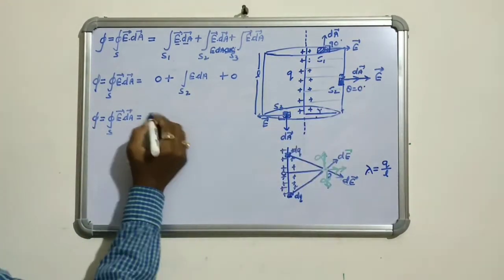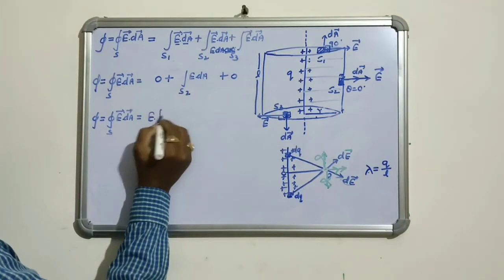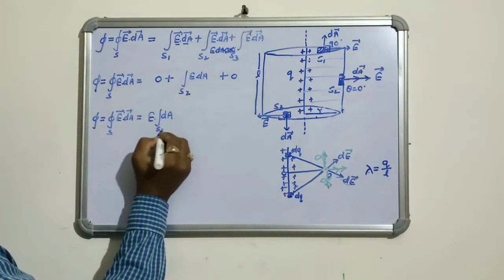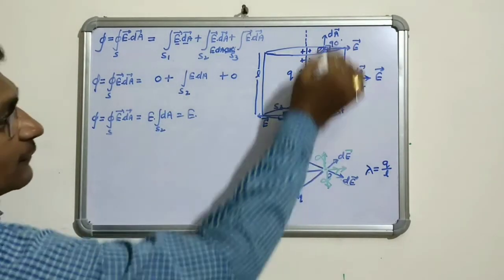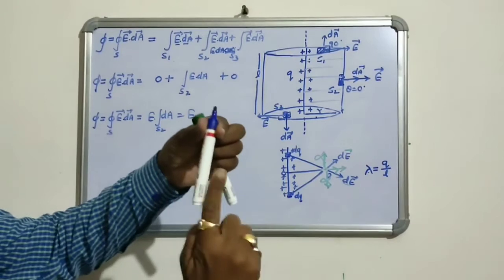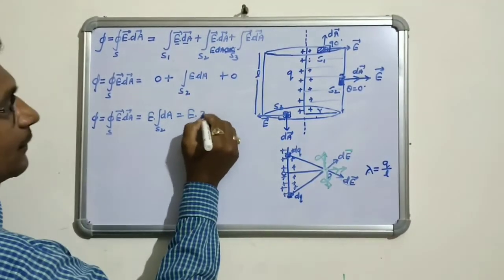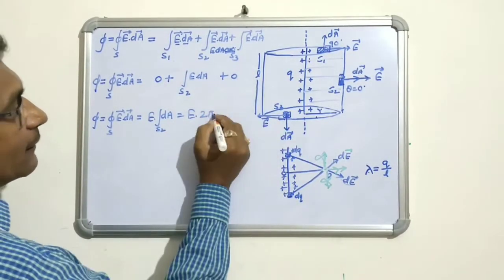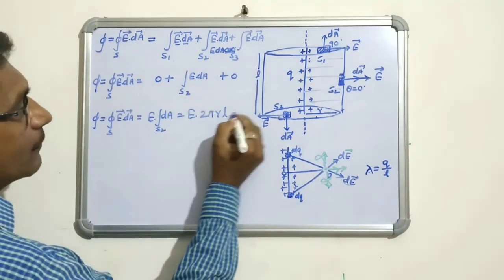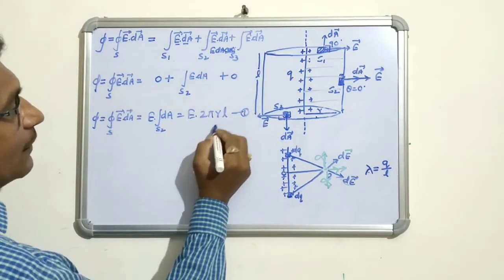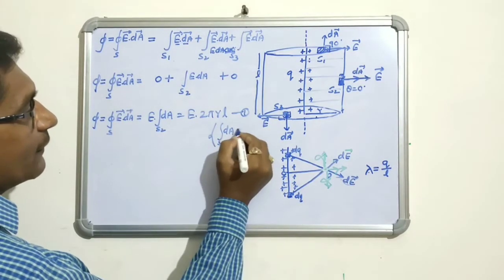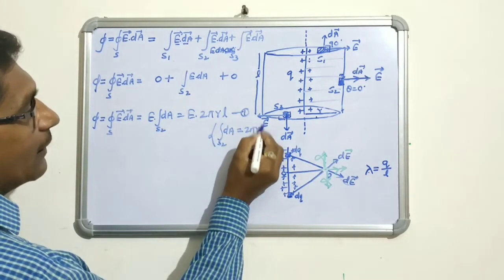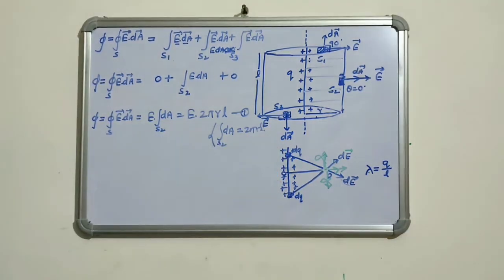That's why E is constant here. So E integral of dA for S2, and surface area of the cylindrical part is 2 pi R L, where R is the radius and L is the length. Equation 1: integration of dA for S2 surface equals 2 pi R L.